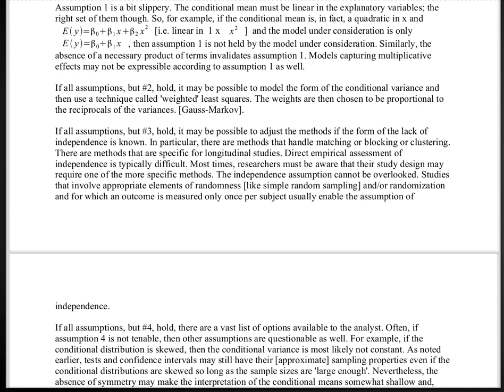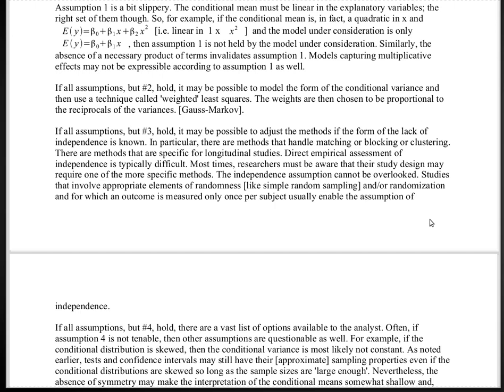All right. And as I mentioned, assumption 3 is one where we have a huge collection of methods that help us to deal with circumstances in which statistical independence is not appropriate, or the lack of independence is in play. And there are many methods. We'll be looking at matching a little bit later, in a later session. There are issues of so-called blocking and clustering. There's a whole issue of methods appropriate to longitudinal studies.